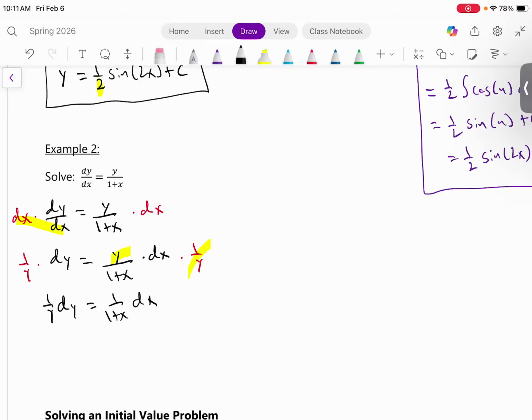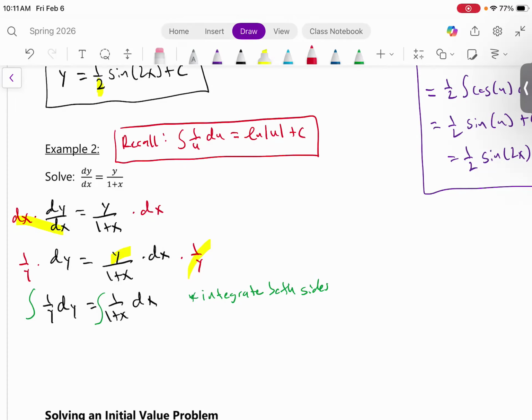Now all my y terms are on one side, all my x terms are on the other. Now I'm in position to integrate both sides. And recall from your calculus 2 that the integral of something like 1 over u du is natural log of u plus c.